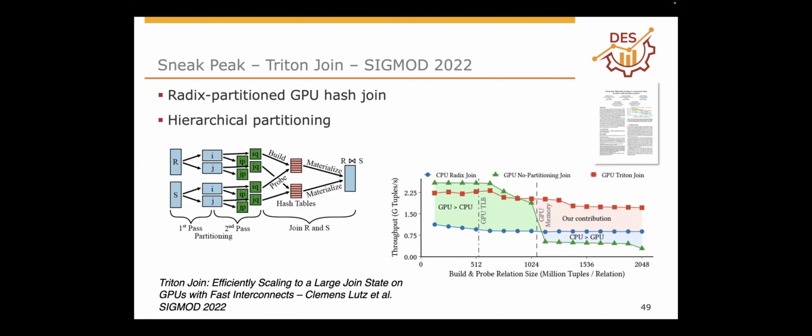My question is, could you explain what is one entry of the hash table that you are discussing in your diagram? Yes. So the question is basically what goes into this hash table and what we're building and probing, right? And these are the join keys.